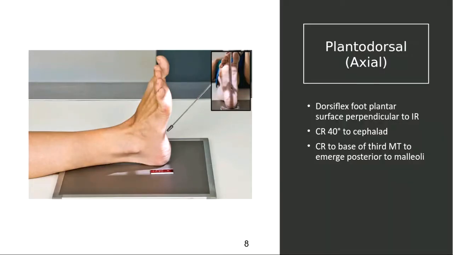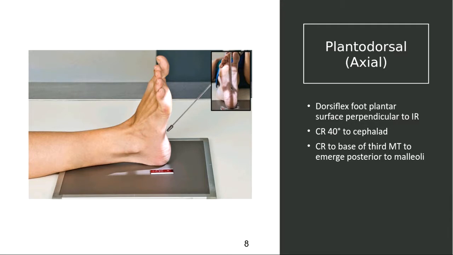Now, when we do this plantodorsal axial, you want to start with dorsiflexing the foot. Remember, dorsiflex is when the toes are pulled back towards the tibia and fibula. So they're flexing their foot so that the plantar surface right here is perpendicular to your IR.